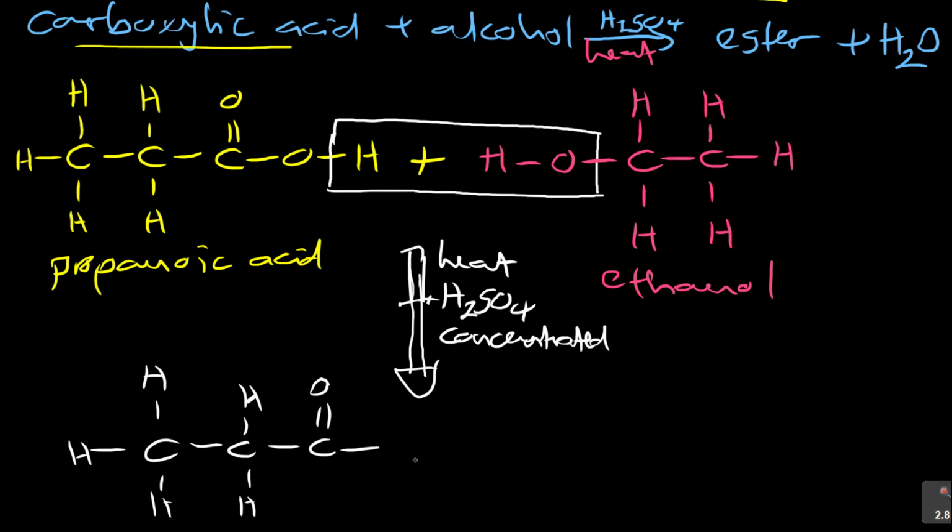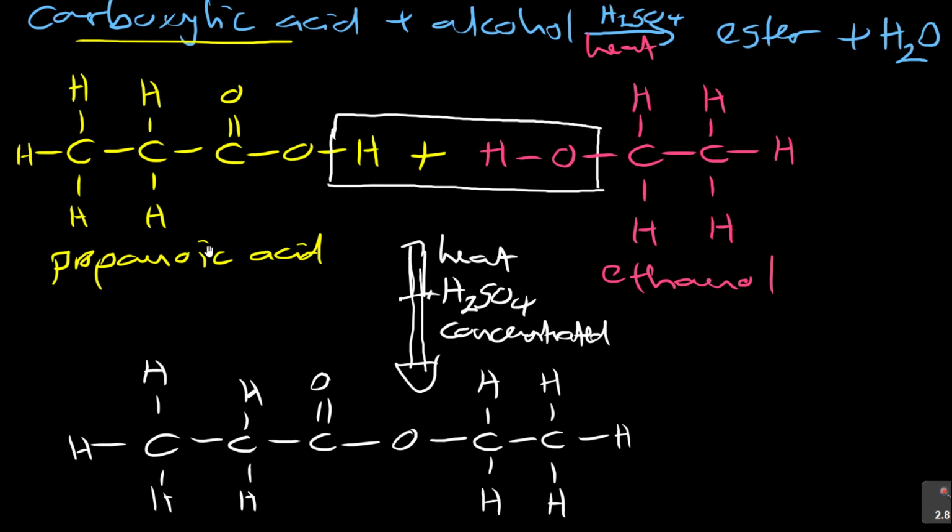O. Now look, you have got what? That you have got O, then you have got C, H, C, H, H, H, and H. So I want you to see how this became. I hope you are able to see that.